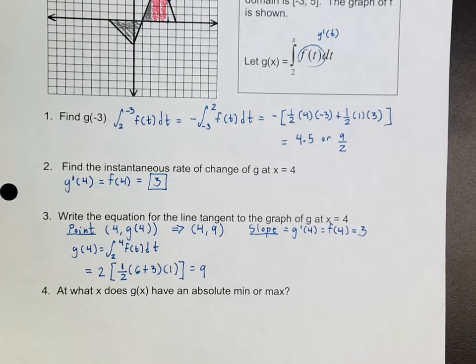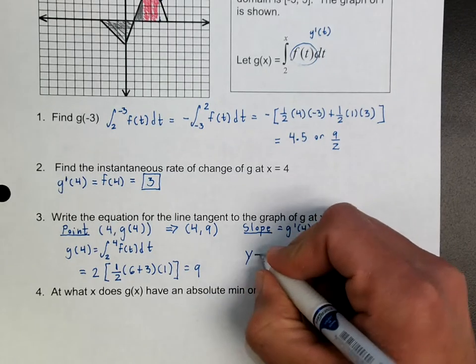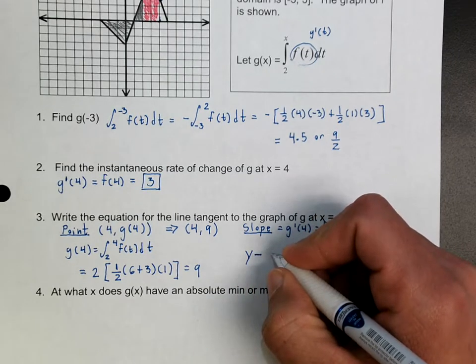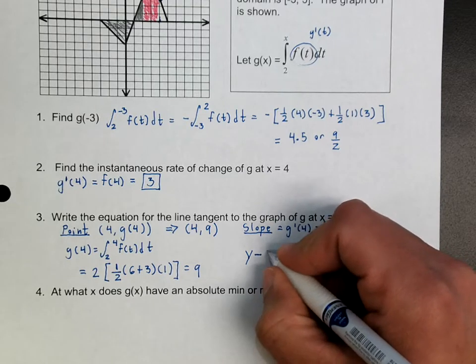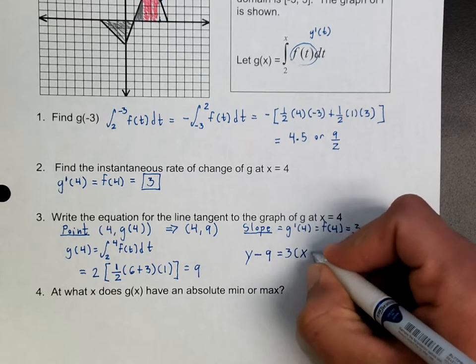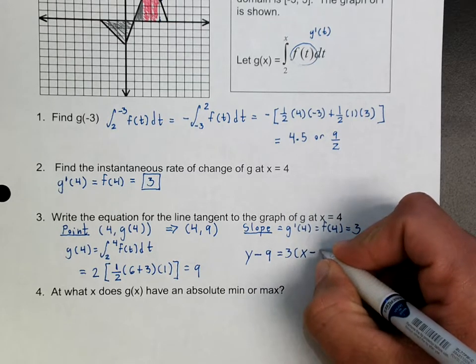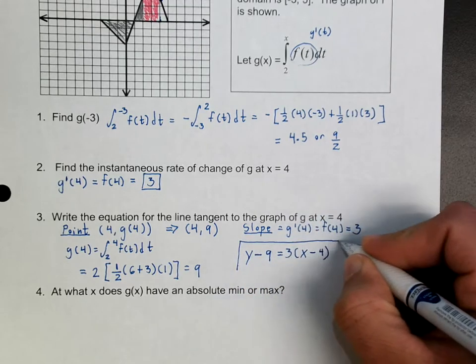Okay? So that's pretty simple. That's all I have. So the formula for the equation of a line says y minus y1 is equal to the slope times x minus x1. Okay, so that is that.